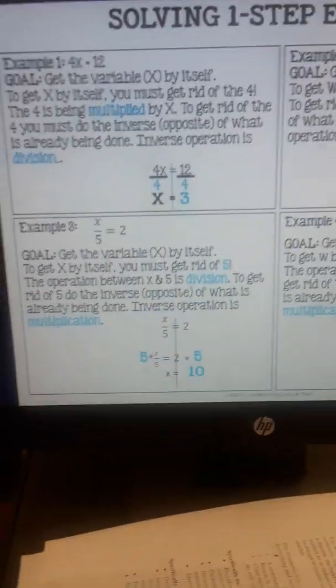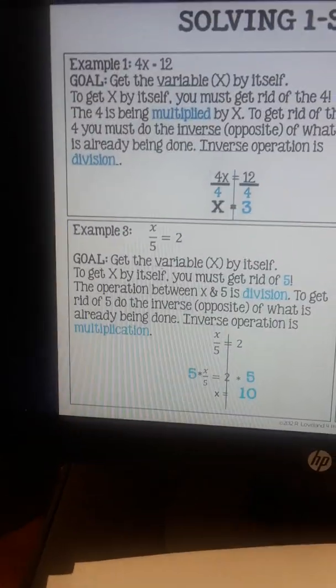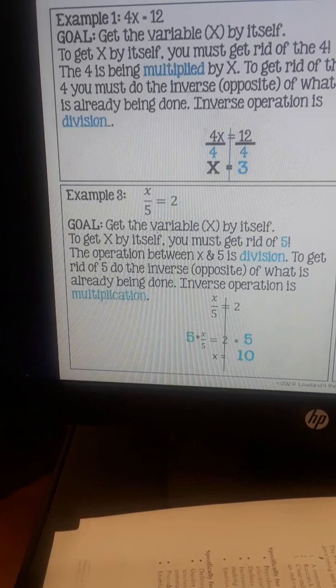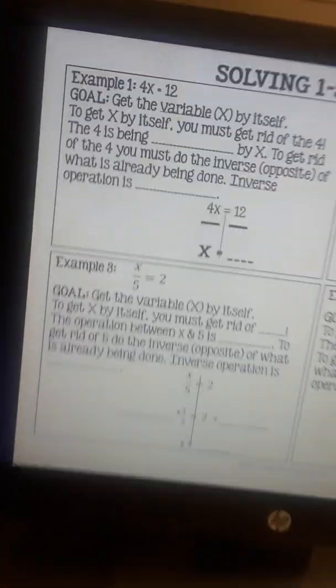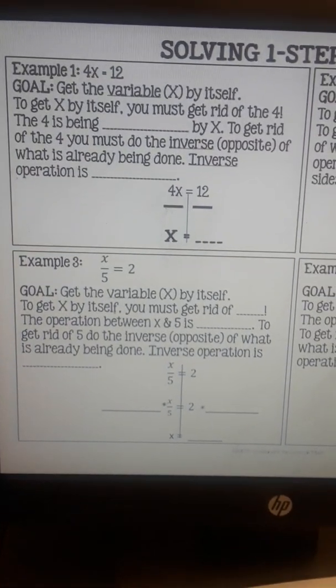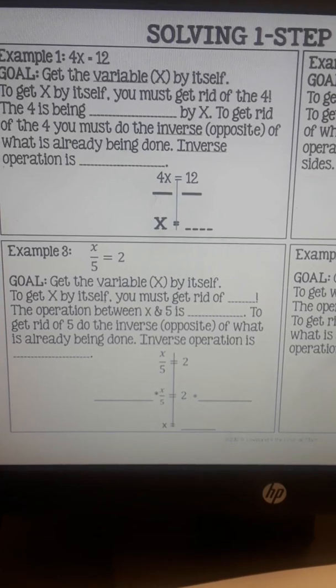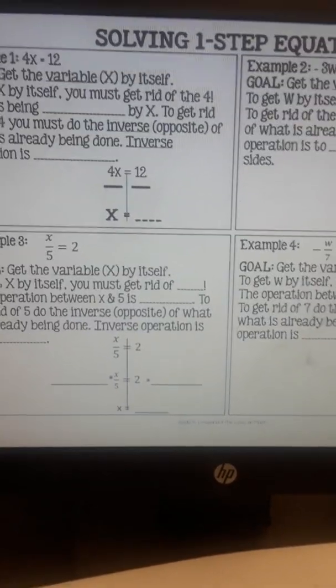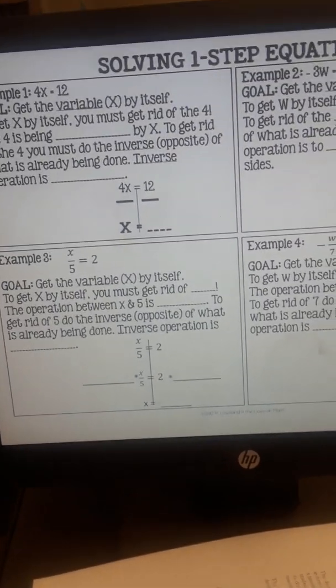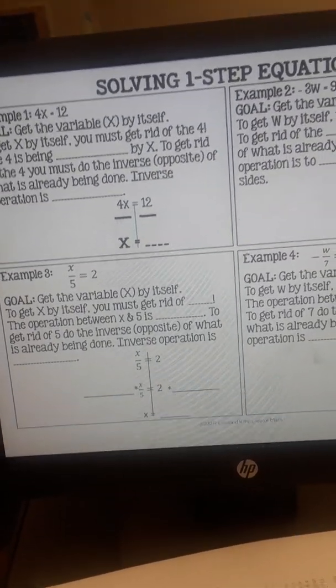Okay. Sometimes you get one that's a division problem. x divided by 5 = 2. Here we go. So x divided by 5 = 2. So x is being divided by 5. So the inverse operation is to multiply by 5.